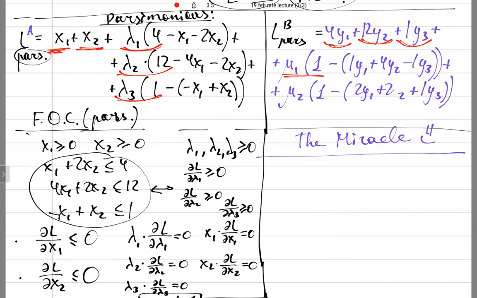I have 1x2. I have 1 mu2. I have minus x1 times lambda. I have minus mu1 times y1. Let's look at this term, minus 4x1 lambda 2, minus 4y2 mu1.